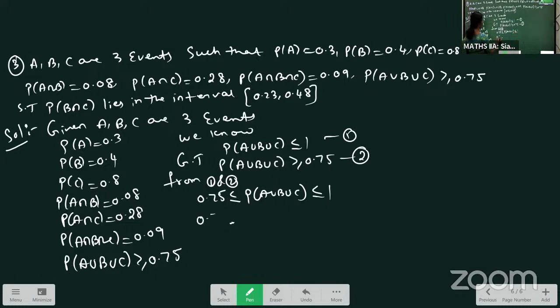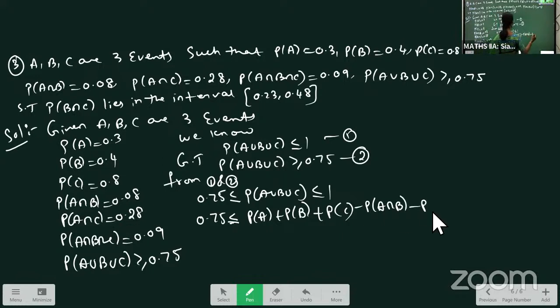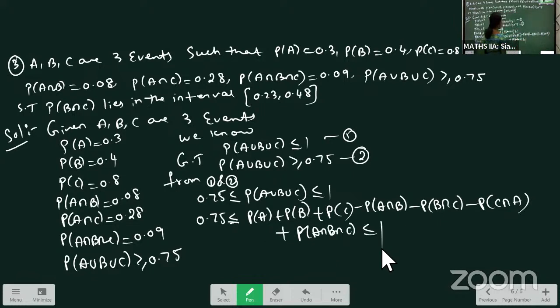So 0.75 less than or equal to P of A union B union C. Formula: P of A plus P of B plus P of C minus P of A intersection B minus P of B intersection C minus P of C intersection A plus P of A intersection B intersection C, which is less than or equal to 1.